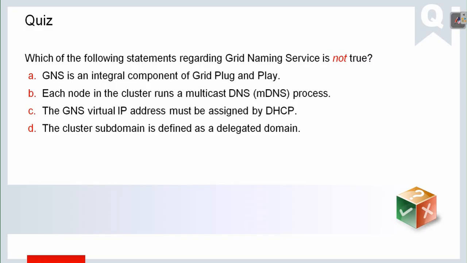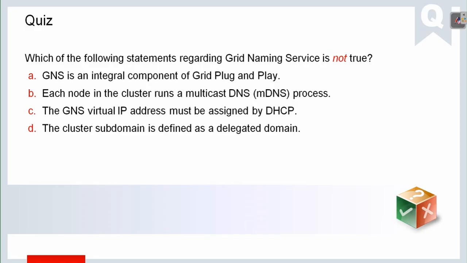So it obtains IP addresses automatically to configure newly added servers and also cleans up network-related information when you remove a server from the cluster. And also, each node in the cluster runs a multicast DNS process. Yes, so that way GNS connects to multicast DNS to resolve host names within the cluster. And GNS virtual IP address must be assigned by DHCP.